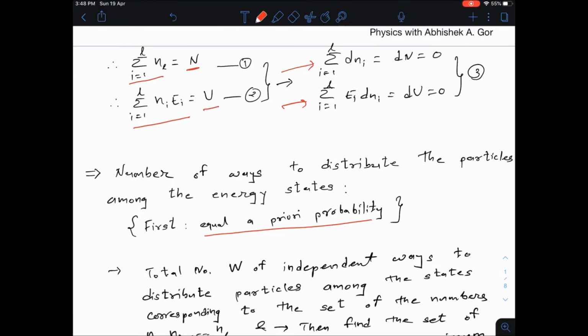That is, there is no preference for one state over another state. That's why we can say that the permutability is a measure of probability. So in the equilibrium situation, the distribution of particles has maximum probability of occurrence.